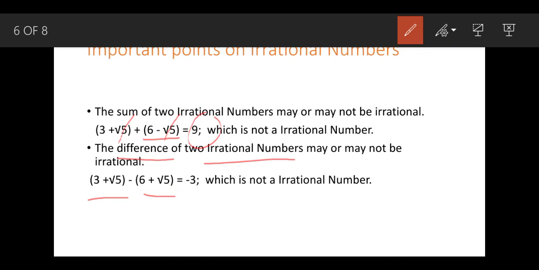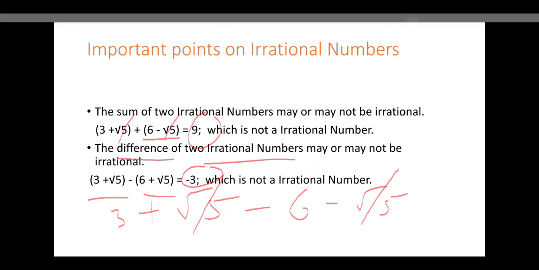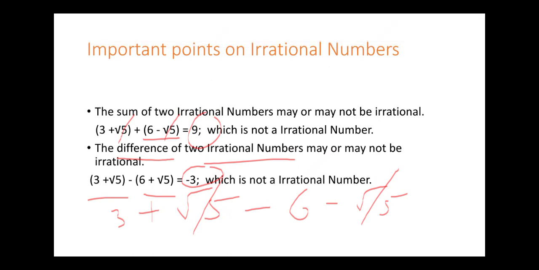On subtracting, we will get 3 plus root 5 minus 6 minus root 5. On cancelling, this root 5 and root 5 will cancel out. We will get minus 3, which is not an irrational number. It is a rational number. Hope this much is clear.